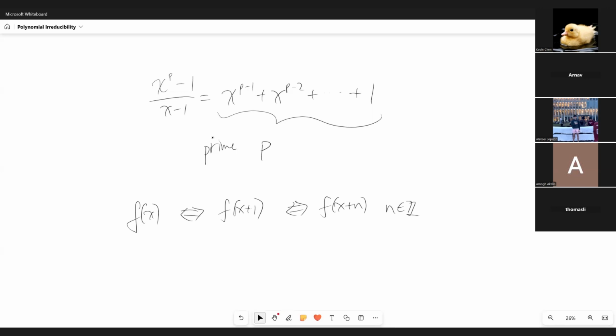So for this example, which was an application of Eisenstein's criterion, the correct substitution was f(x + 1). And using the binomial theorem, we can come up with a polynomial that has coefficients divisible by p, with the final coefficient not being divisible by p squared and the leading coefficient not being divisible by p.